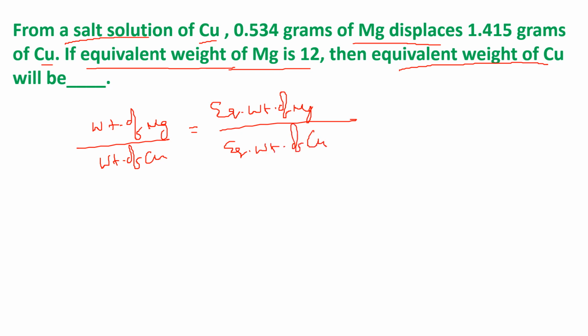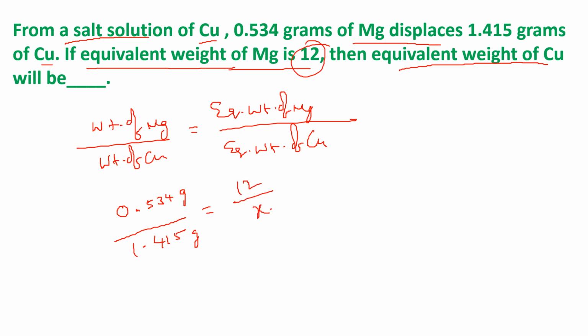The weight of magnesium is given, that is 0.534 grams. The weight of copper is also given, that is 1.415 grams. That is equal to the equivalent weight of magnesium, given in the problem, that is 12.